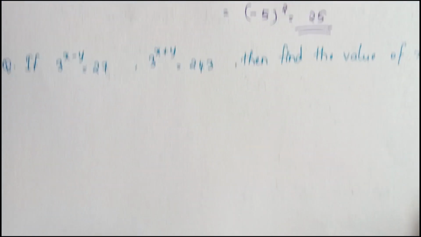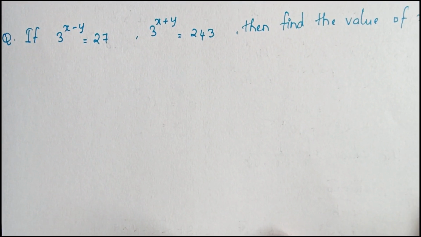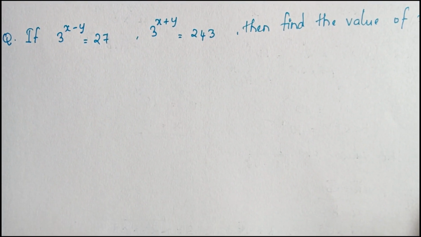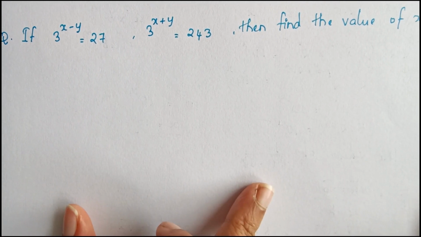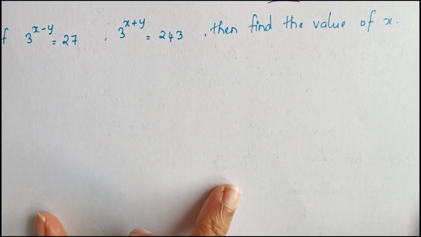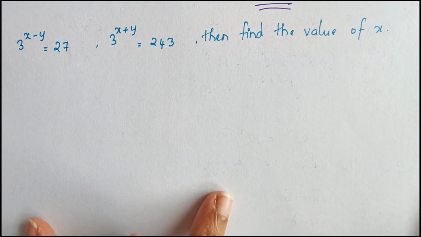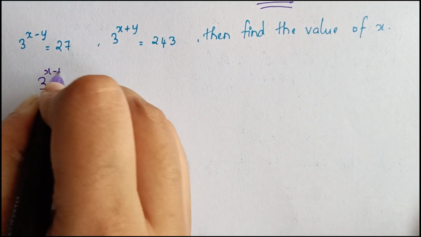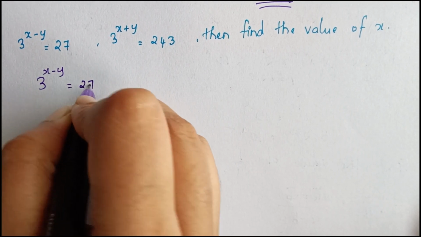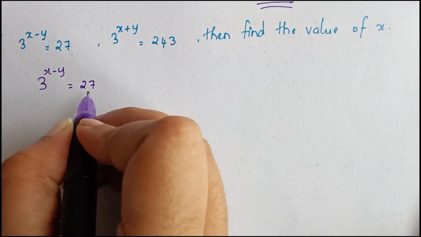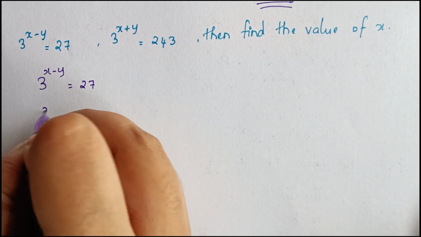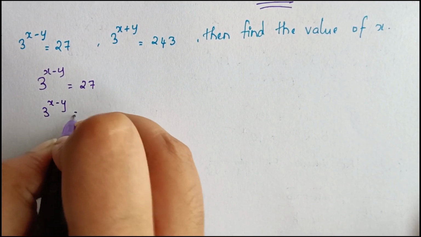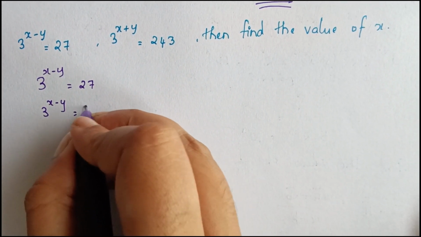Next question. If 3 raised to x minus y is equal to 27, and 3 raised to x plus y is equal to 243, then find the value of x. Given 3 raised to x minus y is equal to 27, we need to make this in terms of 3. So 3 raised to x minus y is equal to 3 cube.